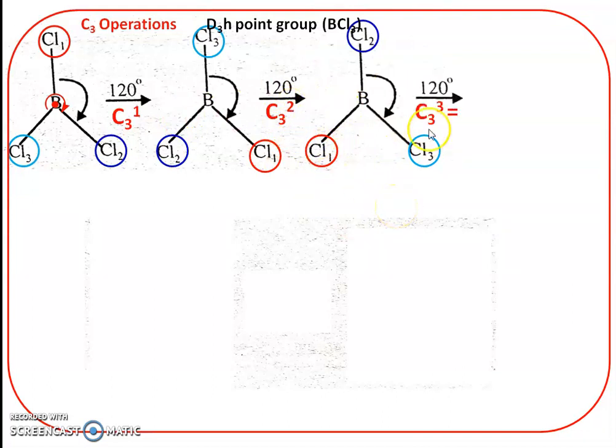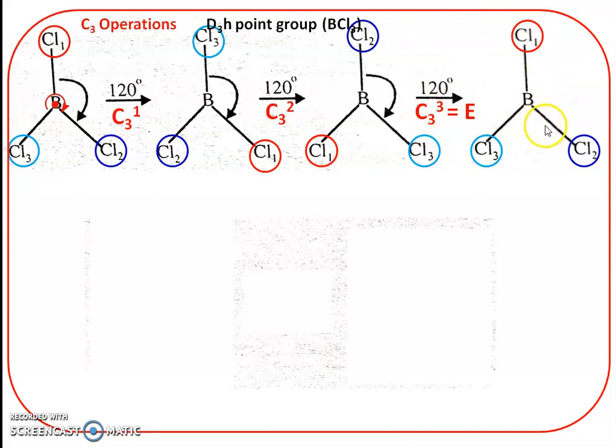Now consider the third operation, or third rotation through 120 degrees along the C3 principal axis. This is the C33 rotation, and after the third rotation we get an identical structure, and C33 is an identity. So this is the identity operation, and we get an identical structure.